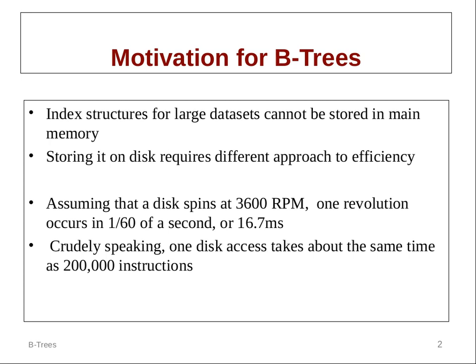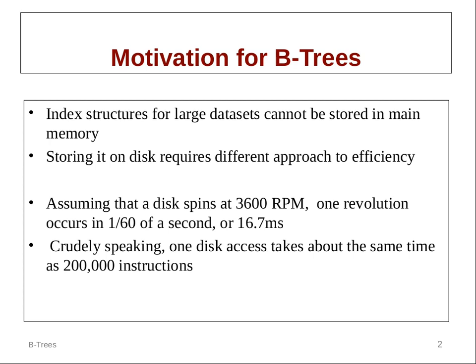Unfortunately, this requires a little different approach. We haven't talked about solid state drives yet. Those are definitely faster, but the same problem still exists because main memory is still significantly faster. But we're going to talk about the standard spinning disks because the numbers are a lot easier to recognize.